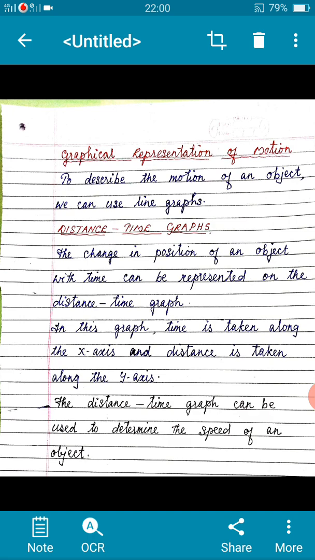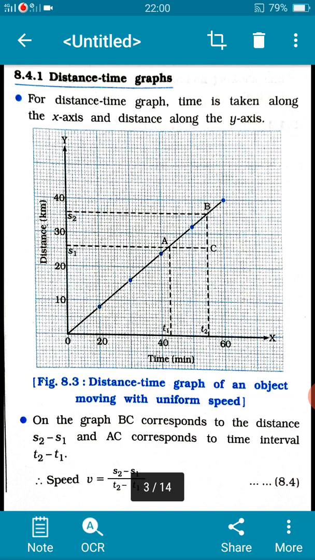Now, see here. Here one graph is given in which the time in minutes is taken along the x-axis and the distance in kilometers is taken along the y-axis.